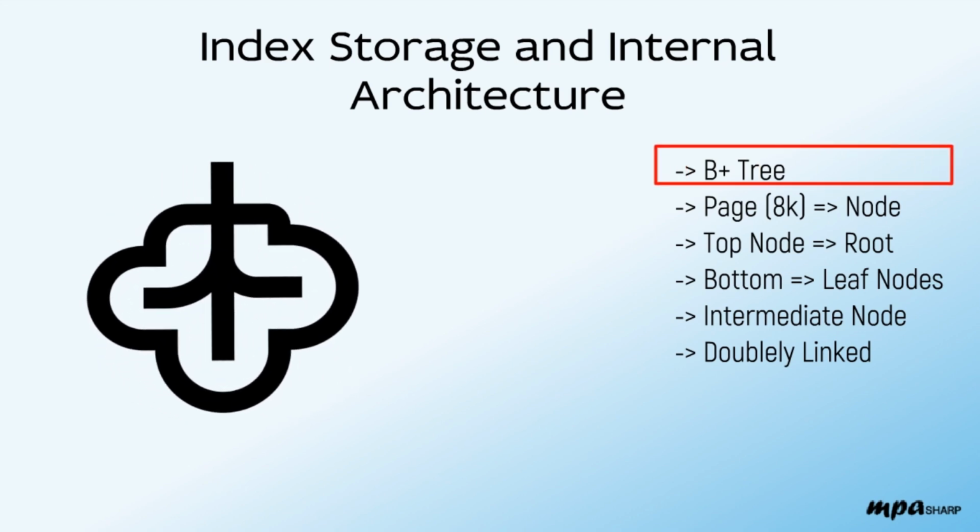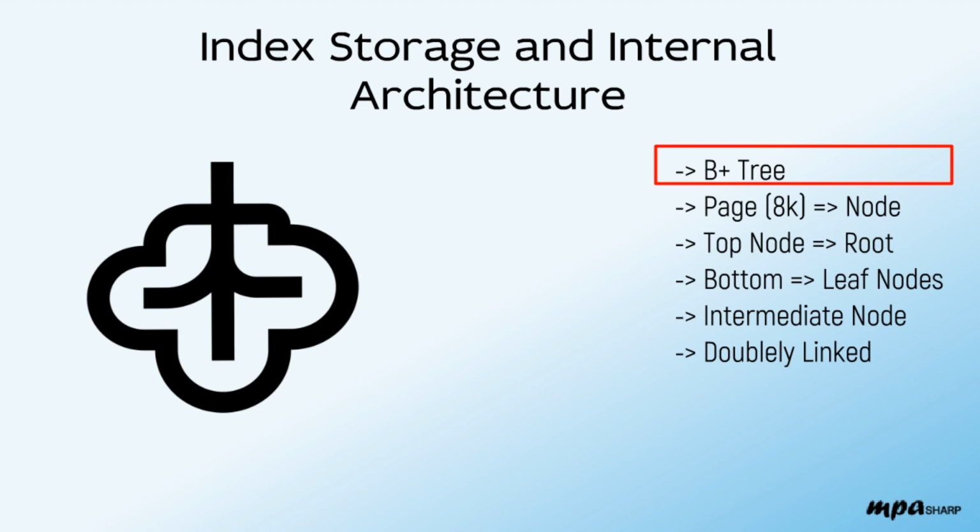In fact, it's called a B plus tree, an enhanced version of the B tree. A B plus tree is a data structure used to efficiently do insert, deletion and update. It also helps to efficiently search data in tables and indexes. So that's why this B plus tree structure is used in SQL Server.